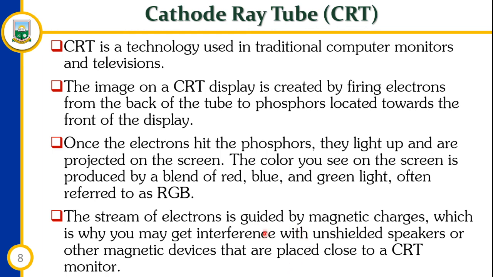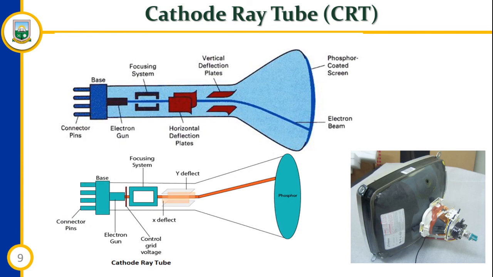The reason is we have magnetic charges within the cathode ray tube that help guide the rays to hit the exact places on the screen.